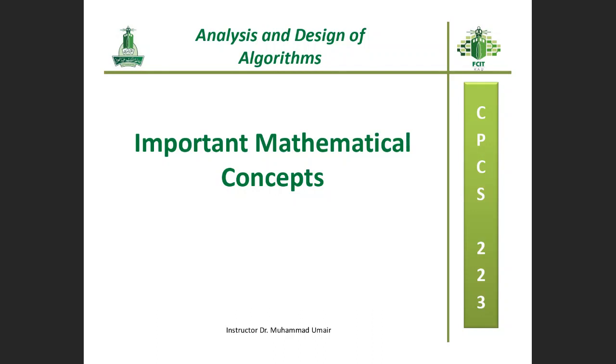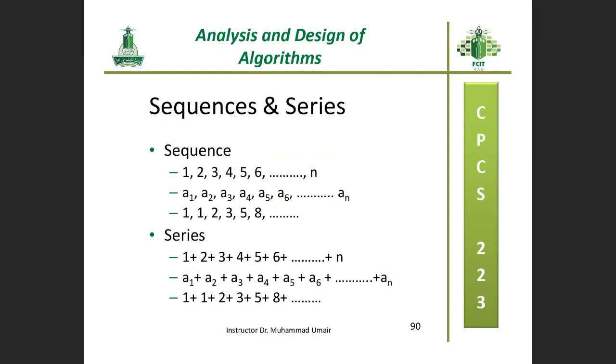You understand the difference? Here, this is a sequence in which you have a fixed pattern, 1, 2, 3, 4, 5 up to n. Similarly, you can write the terms of a sequence in an abstract way, A1, A2, A3, A4 and so on. And how will you write the sequence? All terms will be separated by commas.